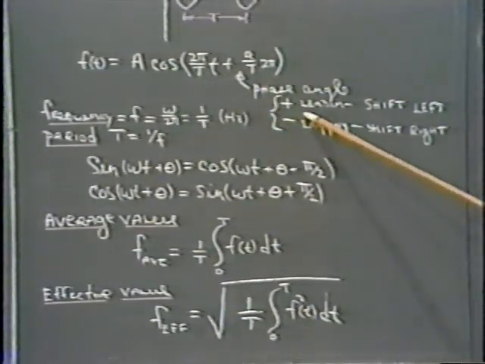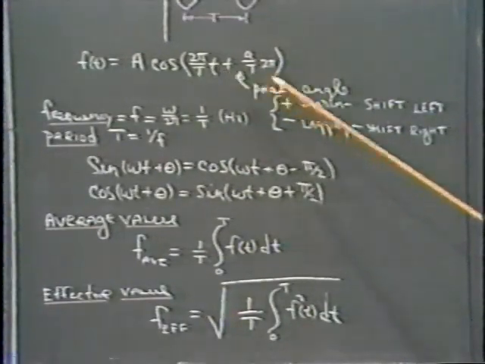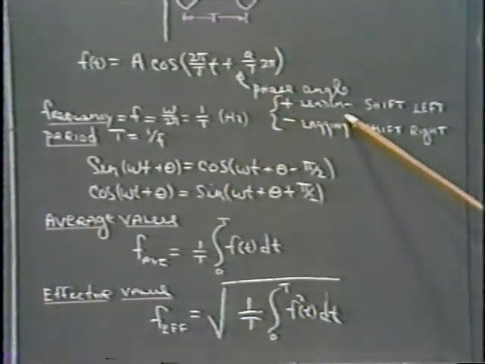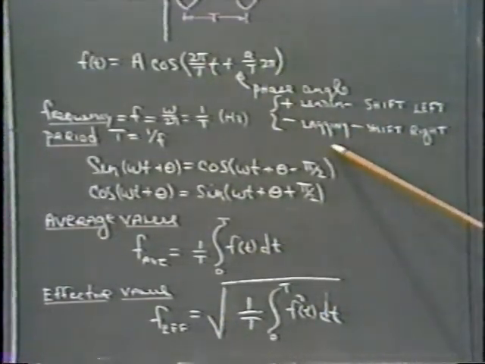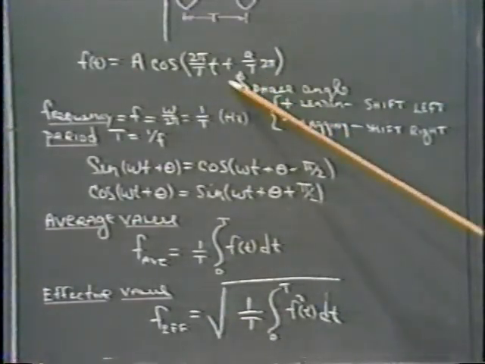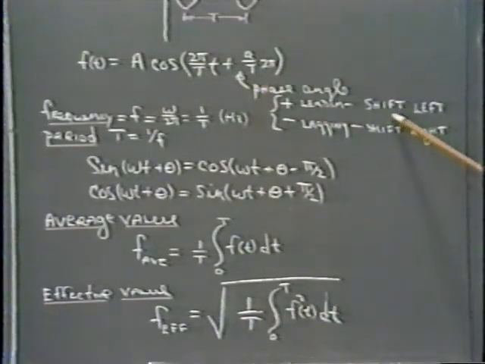A positive sign associated with the phase angle indicates that we have shifted the waveform to the left, whereas a negative sign associated with this phase angle indicates that the wave has been shifted to the right in time. Shifting to the right corresponds to delaying the signal in time, and shifting to the left causes the signal to occur earlier in time.